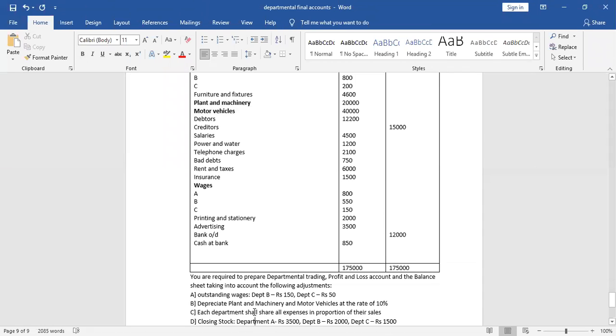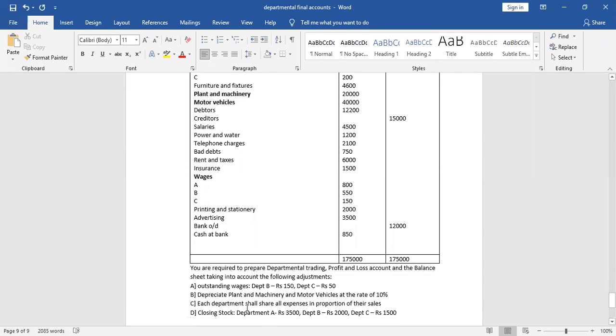And then they say each department shall share all expenses in proportion of their sales. So all the expenses which are not shown department wise have to be divided in the ratio of sales.